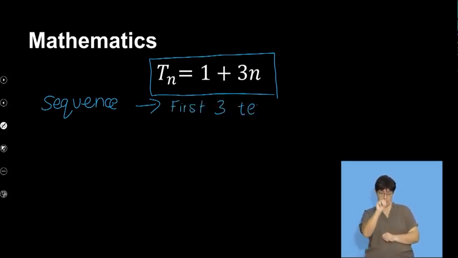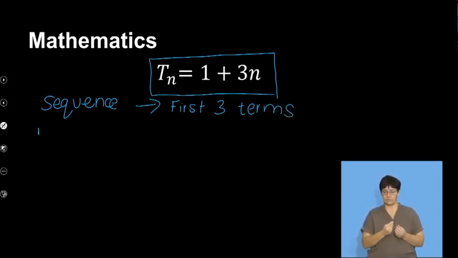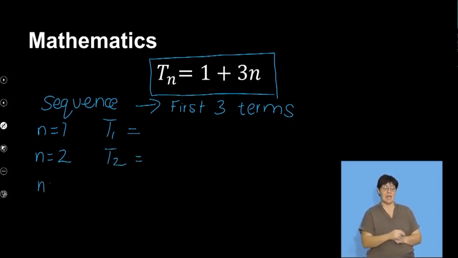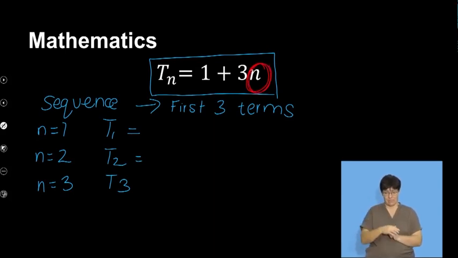And if I'm determining the first 3 terms, I'm going to be substituting in n is equal to 1 to find t1, n is equal to 2 to find t2, and n is equal to 3 to find term 3. So term 1, please remember that when I'm replacing n, I'm substituting in for here. So I've stated the n value that I'm substituting, and I'm substituting into n where the coefficient of that n is 3.